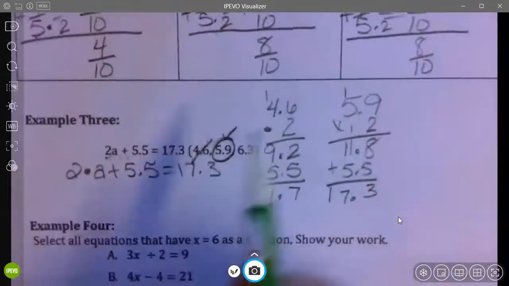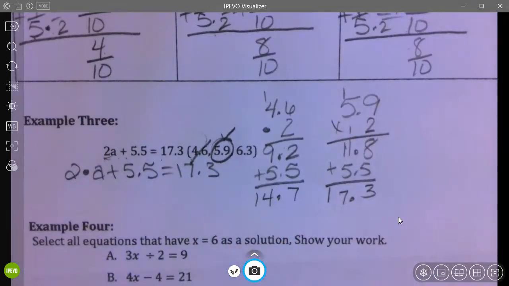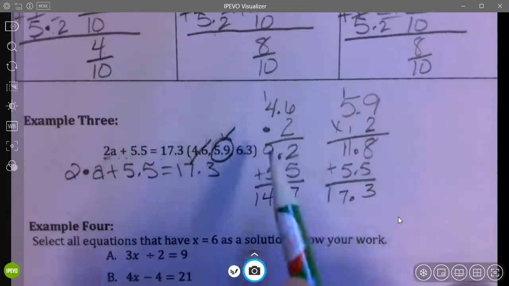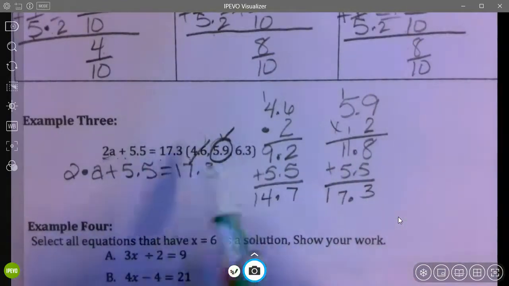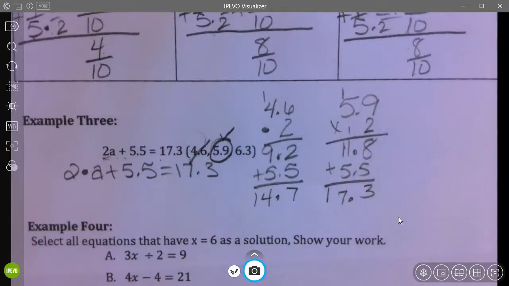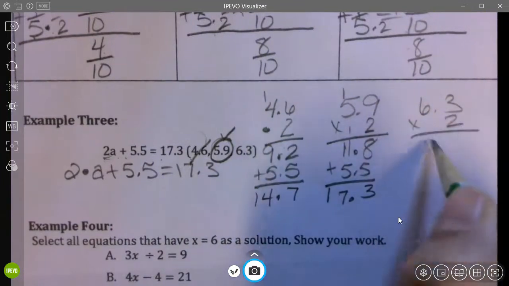I can only have one 5.9 unless I write it as a fraction, 5 wholes and 9/10, something like that. But all of these don't have any fractions. There's no mixed numbers here. So I know I can only have one solution. But again, I want to check and make sure that I didn't mess up on my math to begin with.